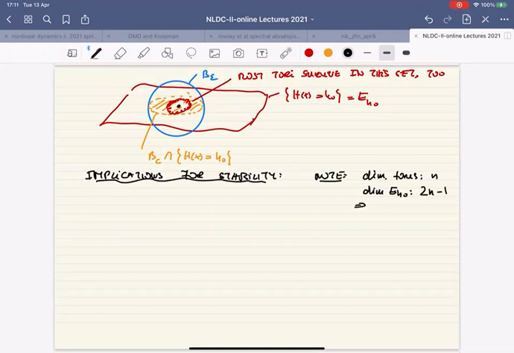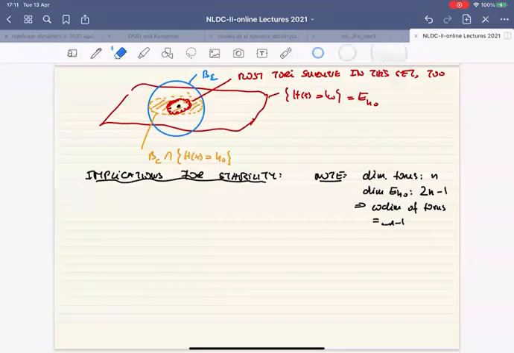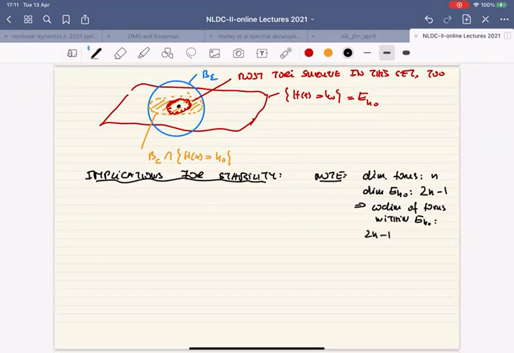As a result, the codimension of the torus within the energy surface is the following. I take the dimension of the energy surface, and I subtract the dimension of the torus. So that's n minus 1. And just something to keep in mind at this point.